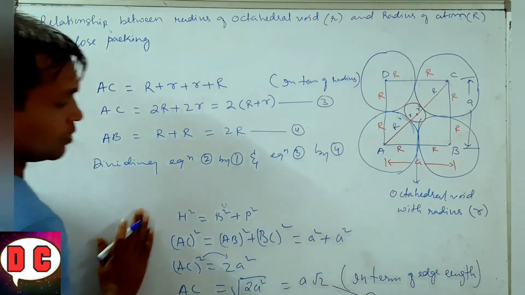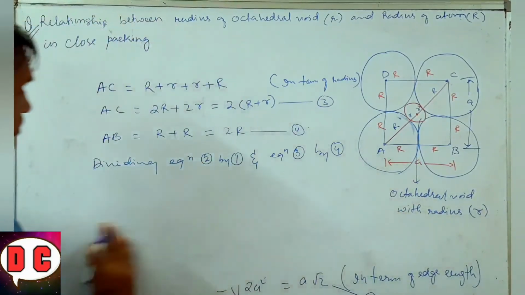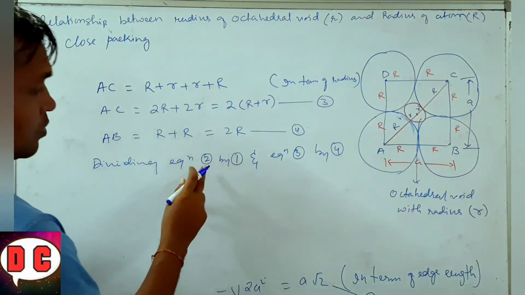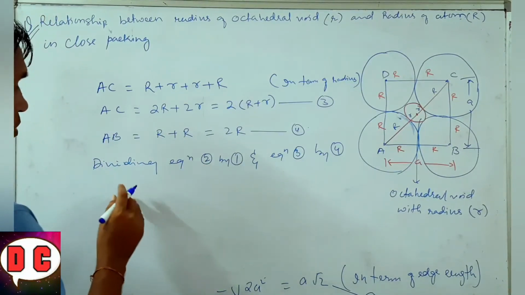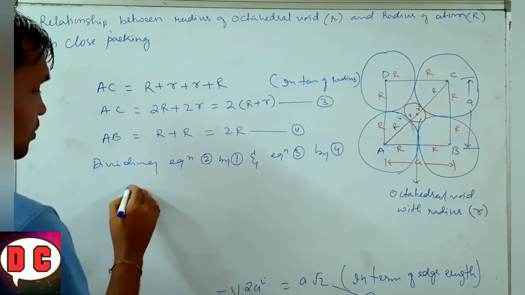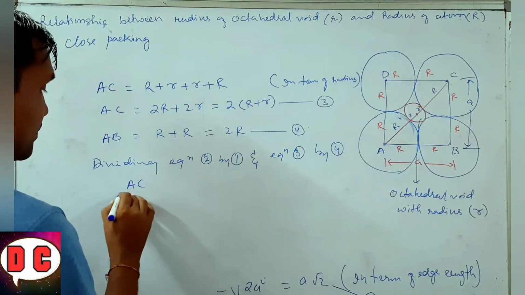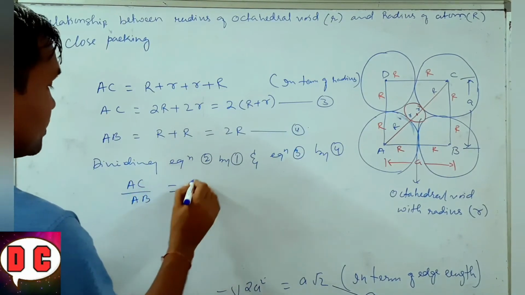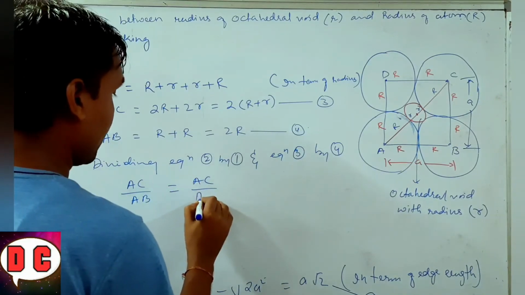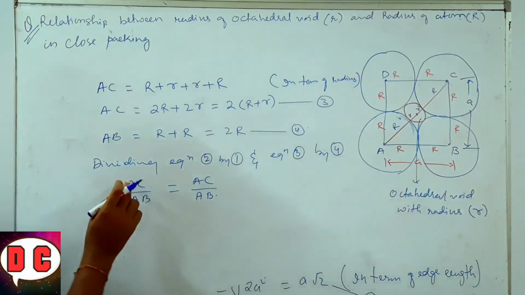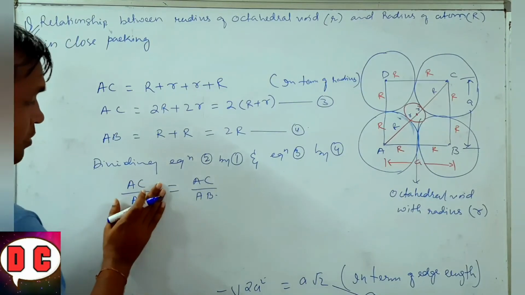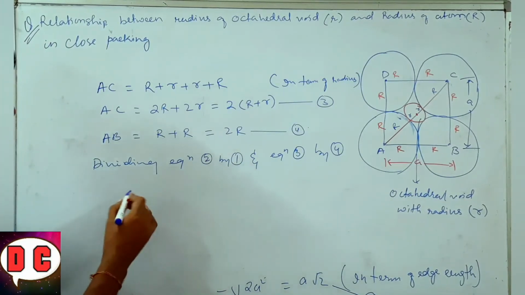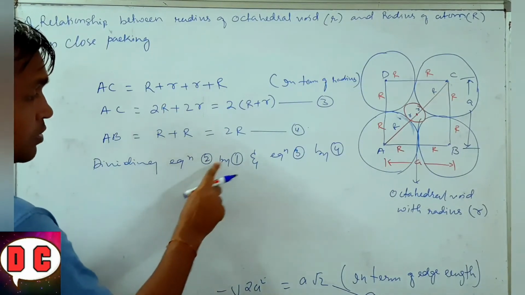So when we do so, what will we get? Dividing equation 2 by 1, 2 is equal to what? AC by AB, and here also 2 is equal to AC by AB. So when you see equation 1, no need to write this, directly write dividing equations 2 by 1.